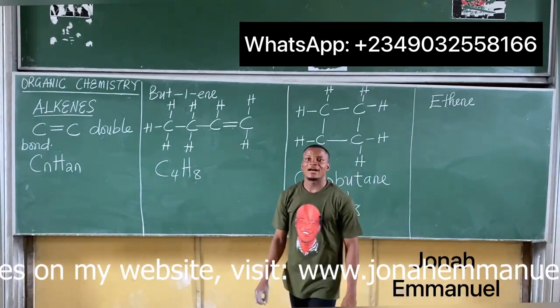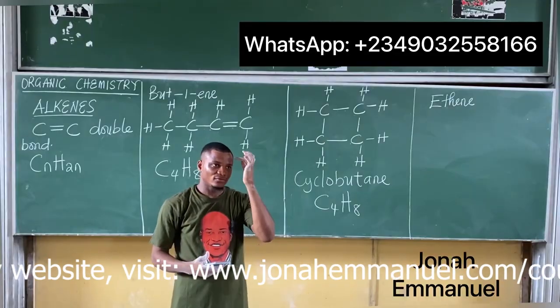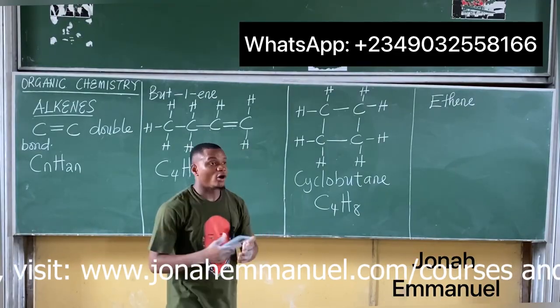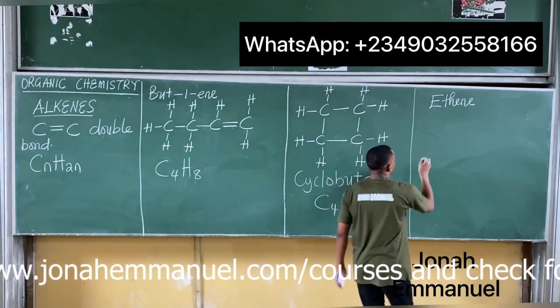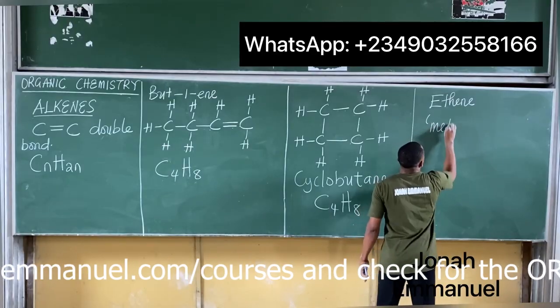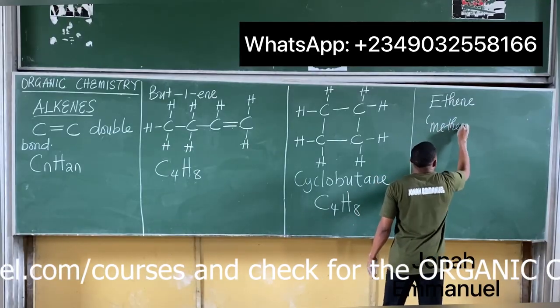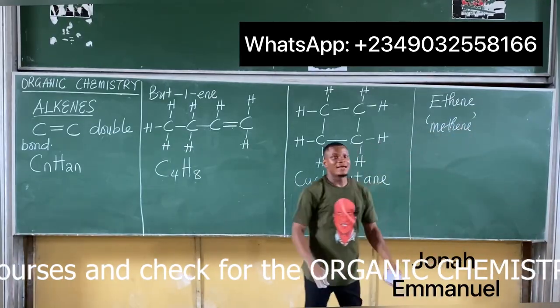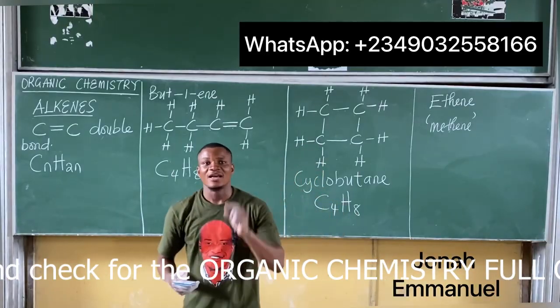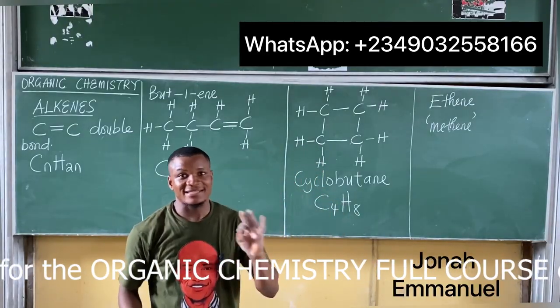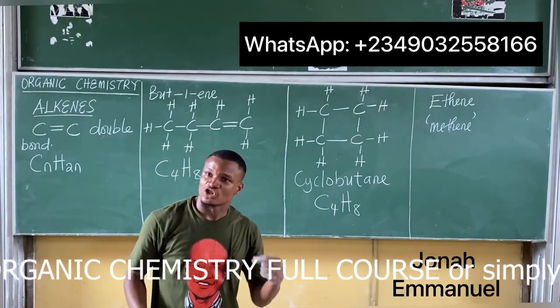So the first member of the alkene is ethene; put it in quotes, methene does not exist. Please note that methene does not exist.